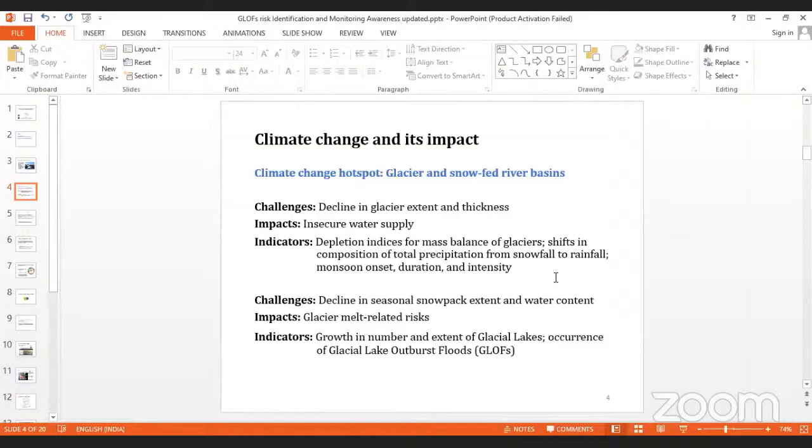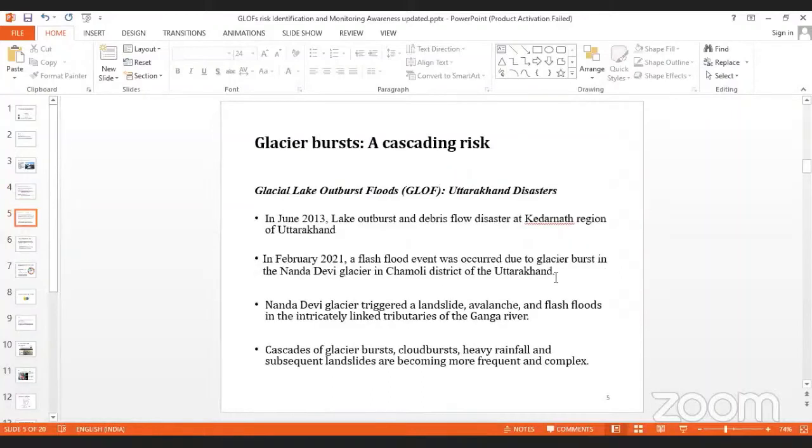If we talk about glacial bursts, we are facing a cascading risk. And if we see from the last few decades, we found different types of disasters due to glaciers. As we know, in 2013 there was a glacier outburst and flood disaster in the Kedarnath region, and due to that we found a number of casualties.